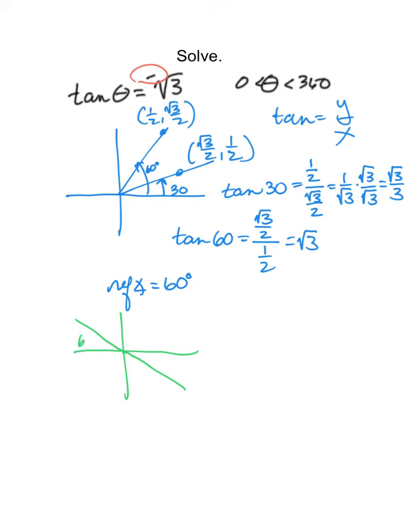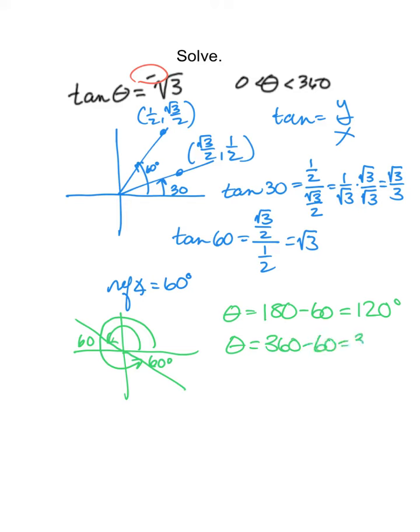So I will have solutions in the second with a 60-degree angle as a reference angle, and I will have another solution in the fourth quadrant with a 60-degree reference angle. So my solutions for theta are 180 minus 60, which is 120, and 360 minus 60, which is 300.